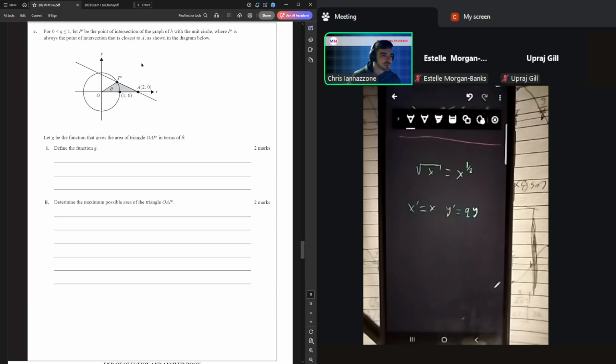You should also have a think about how you normally get points on a unit circle. Yeah, I might just give it. X is always going to be cos theta, and Y is always going to be sine theta for unit circle stuff.